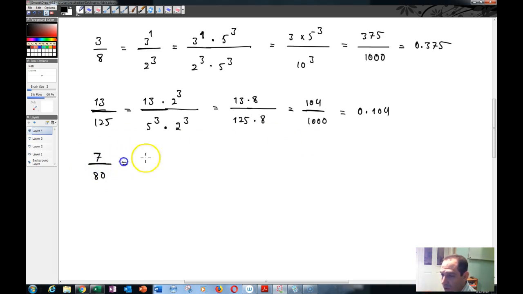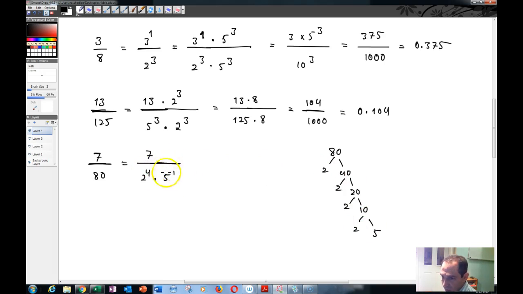Or if you have 7 over 80. So 7 over 80, 80 is the same thing as 2 times 40. This is 2 times 20. This is 2 times 10, and this is 2 times 5. So this is 4 factors of 2 and 1 factor of 5.